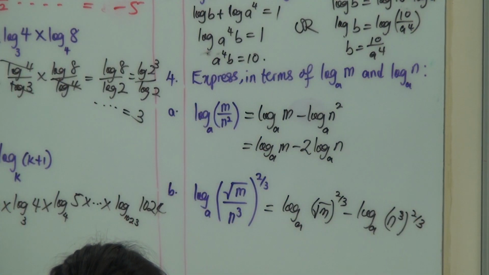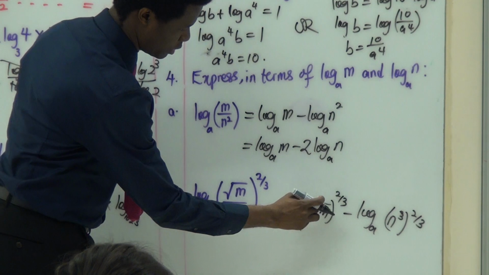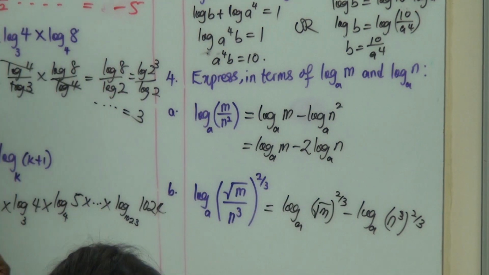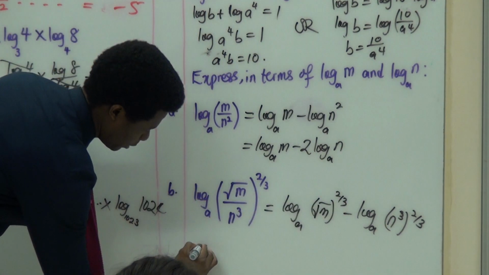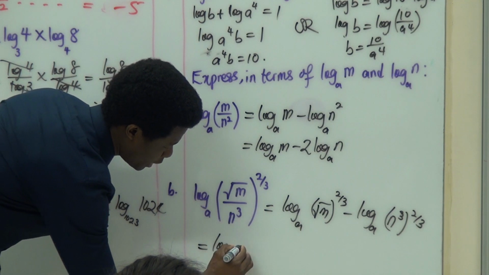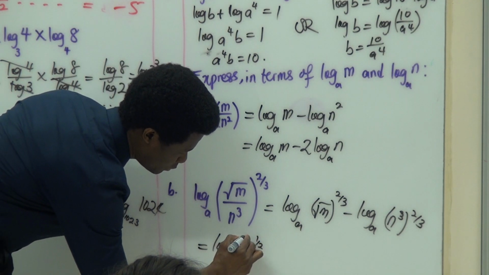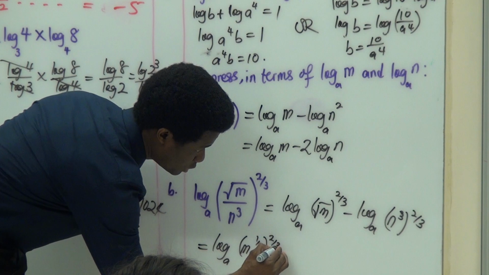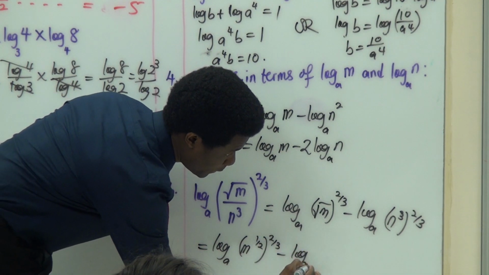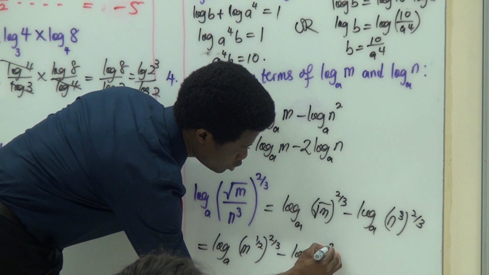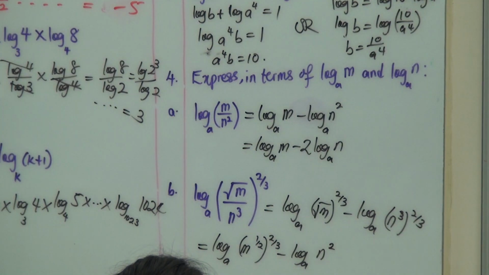Yes? So this will be half times that, and that will be 1/3. This is what I mean. Log to base a, m to power half, then to power 2/3. And this is n squared. Correct?